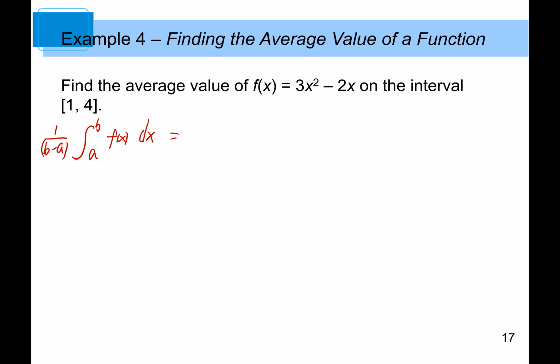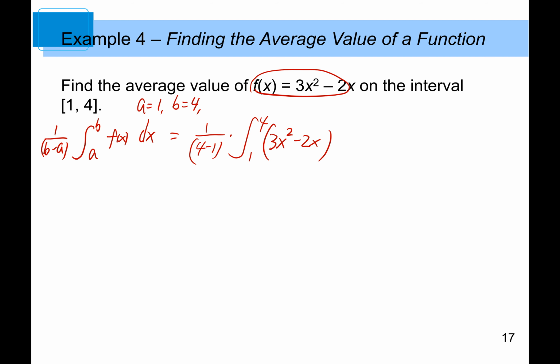In this case, a equals 1, b equals 4, and f of x is given. So let's plug in all of that: 1 over 4 minus 1 times the integral from 1 to 4 of 3x squared minus 2x dx.